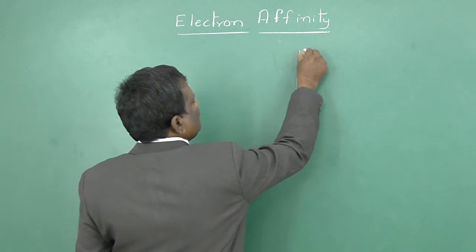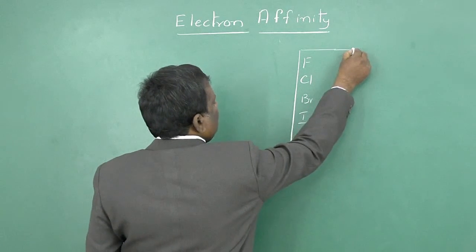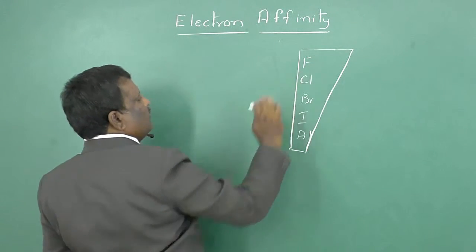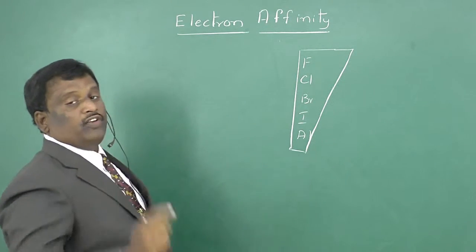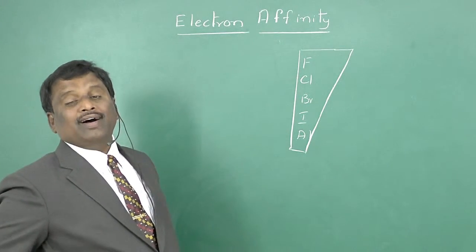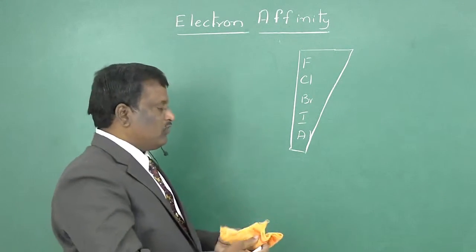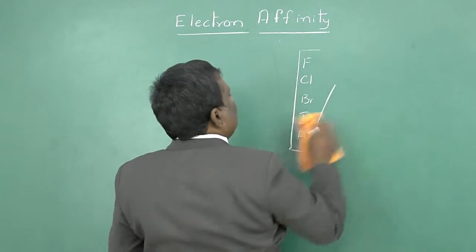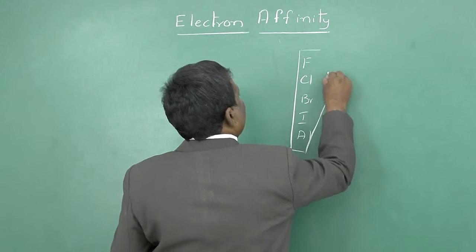From top to bottom, electron affinity should decrease. So you would expect that fluorine will have more electron affinity value than chlorine. But here, because of small size of fluorine, the electron affinity of fluorine is less than chlorine.